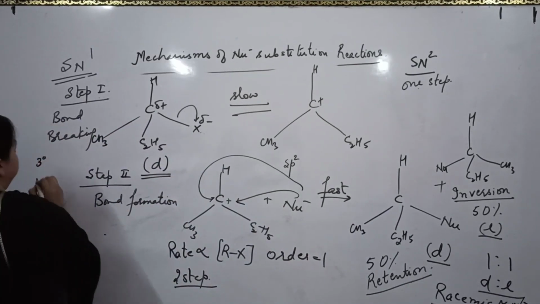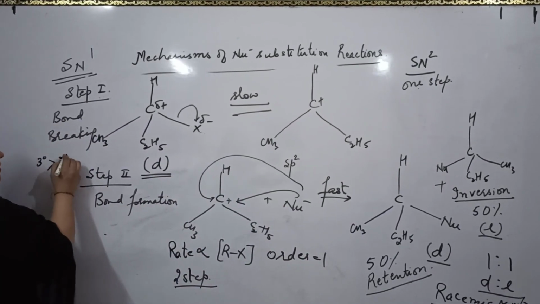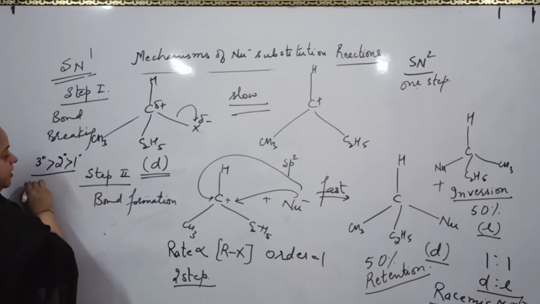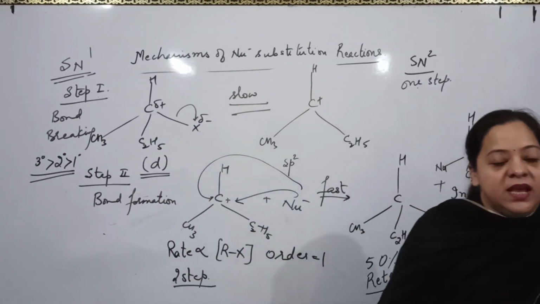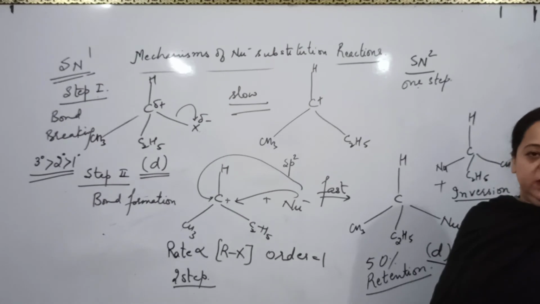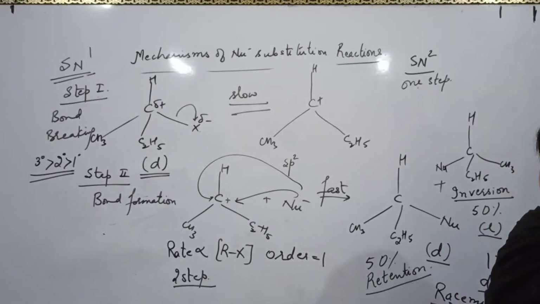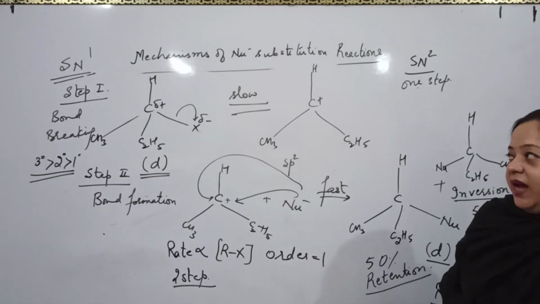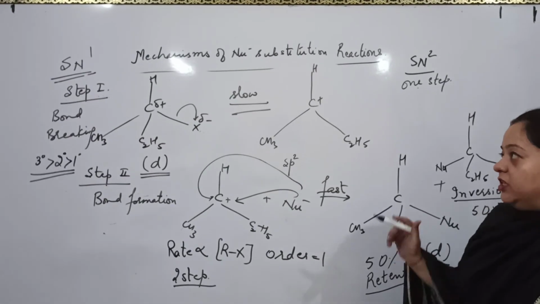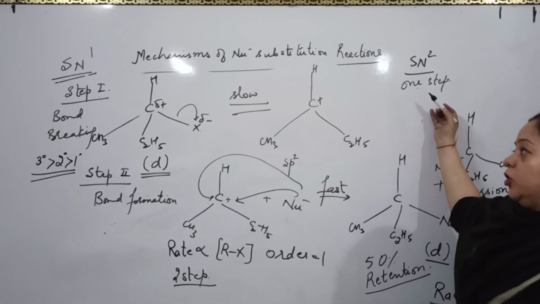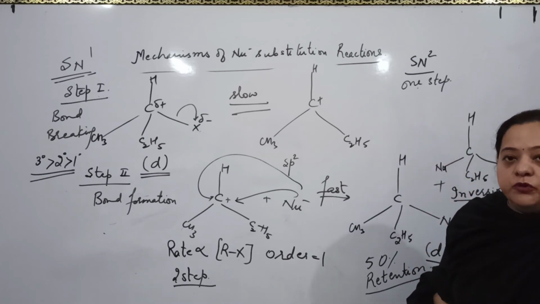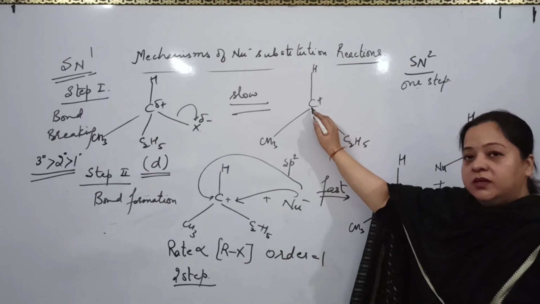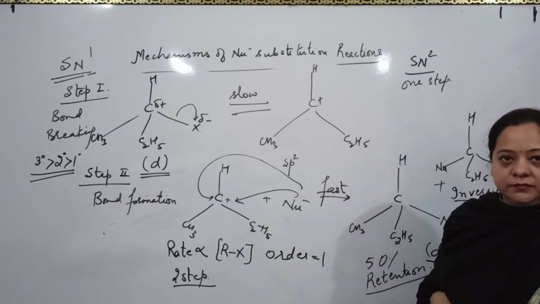So, tertiary group is most reactive, then secondary, then primary, whereas in this case the order of reactivity is reversed. As the bulkiness of the groups increases, the reactivity decreases. And alkyl halides can react either through SN1 mechanism or through SN2 mechanism, depending upon the bulkiness of the R group which is attached to the alpha carbon atom.